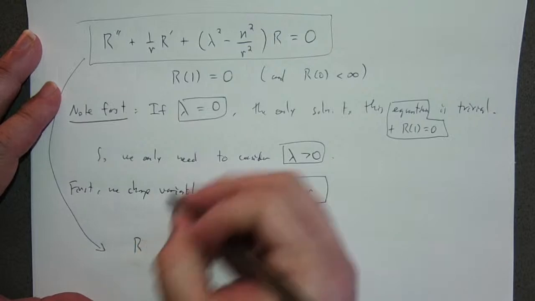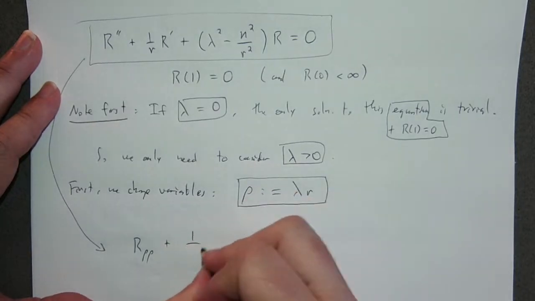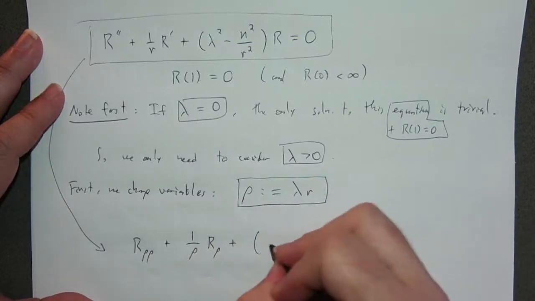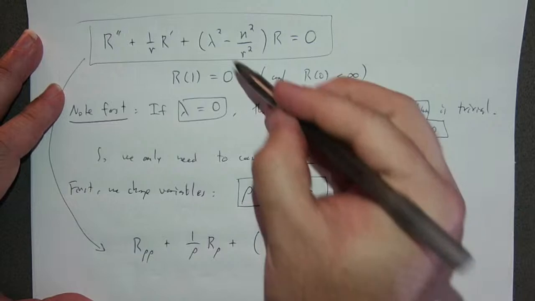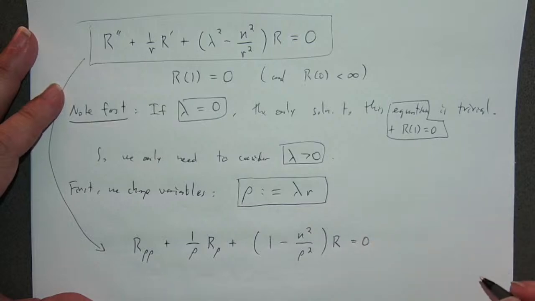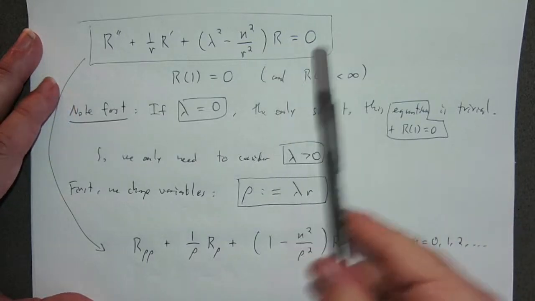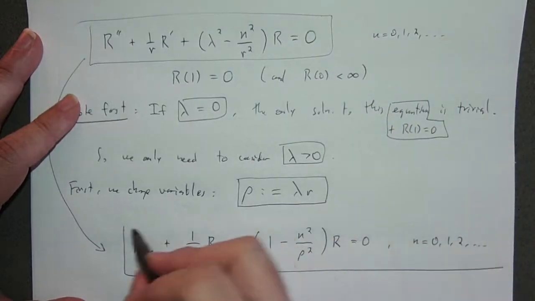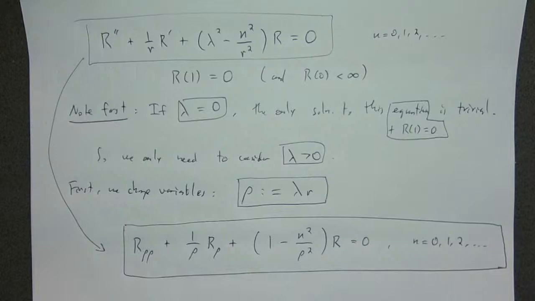It is R sub rho rho plus 1 over rho R sub rho plus 1 minus n squared over rho squared, all of this to get rid of the lambda squared here, times R is equal to 0 for n equals 0, 1, 2, 3, and so on. That was true up here too. That is the eigenvalue problem we get.